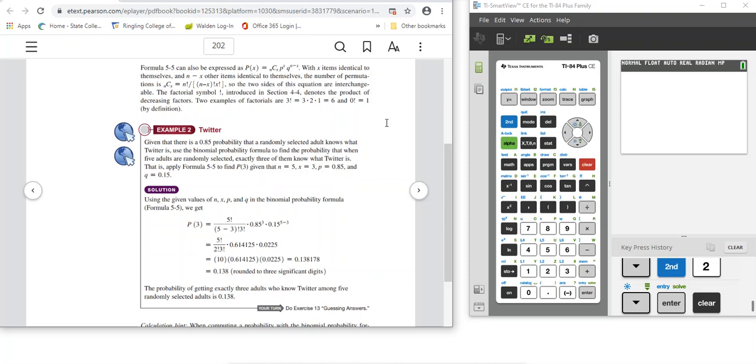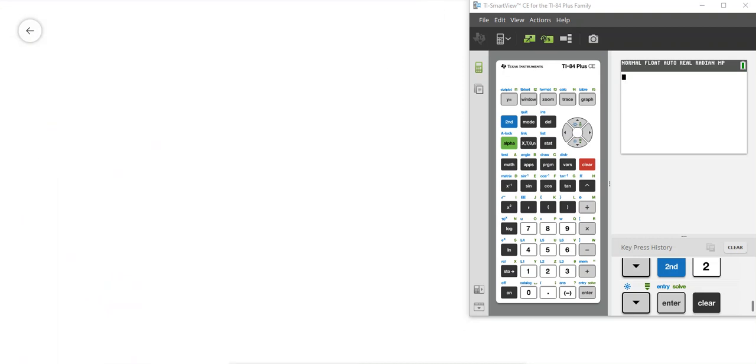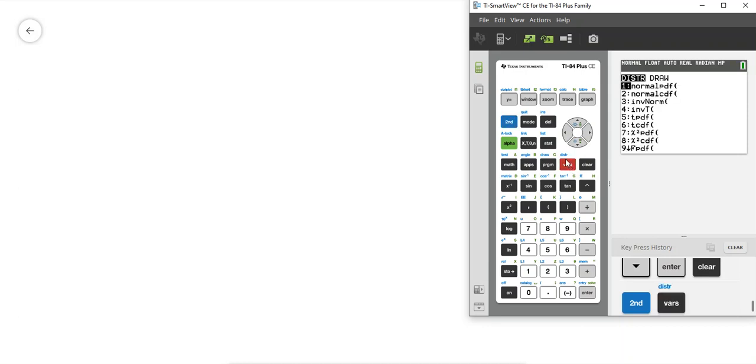So I'm going to move this over again. And you're going to go to second function, distribution, right here above the vars key. And you see right here, we're going to go down. Lots of distributions in there.